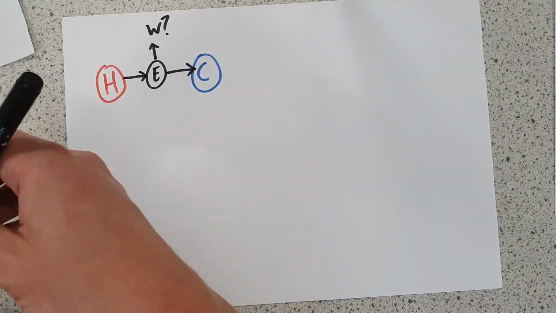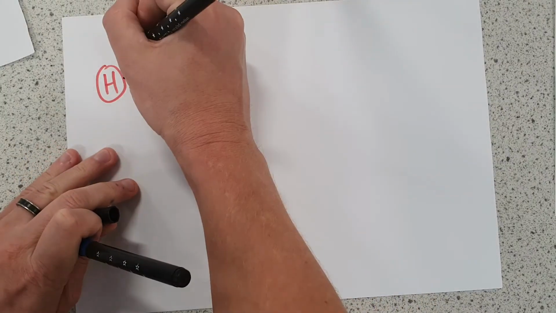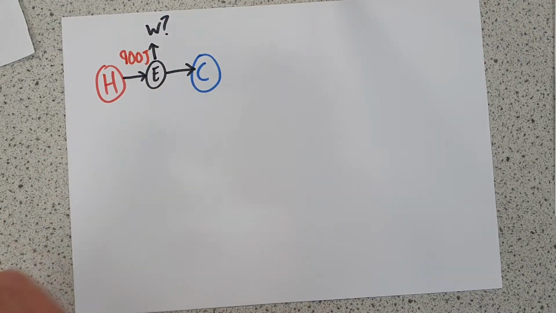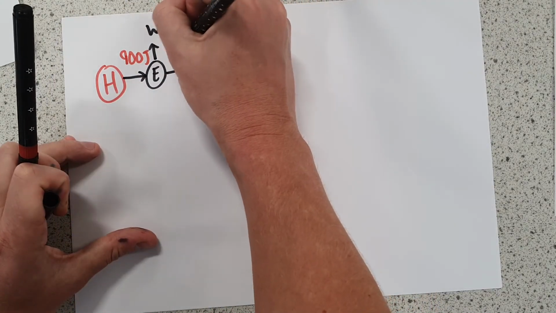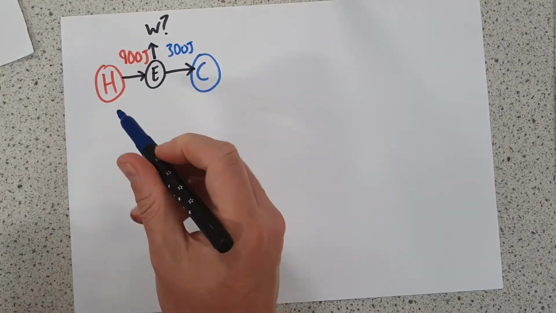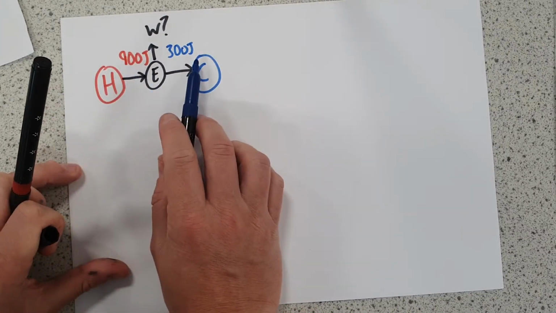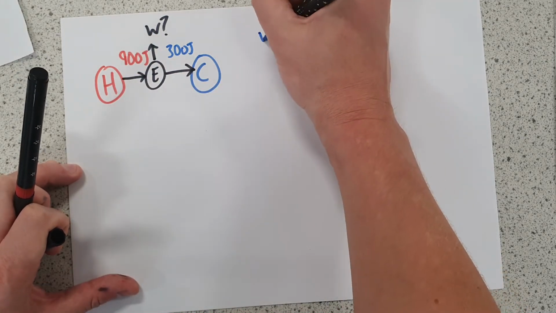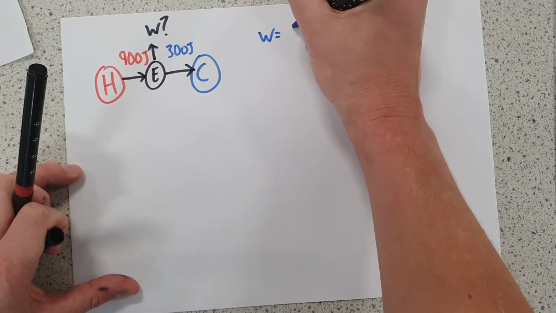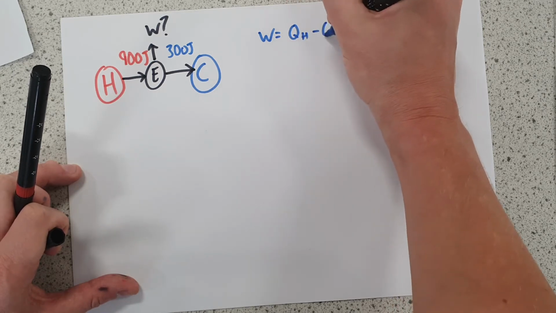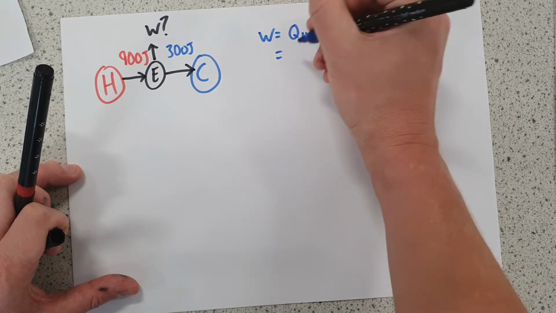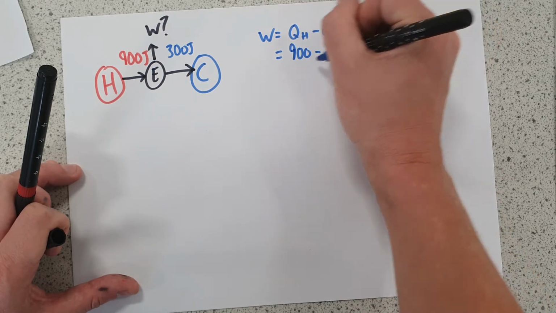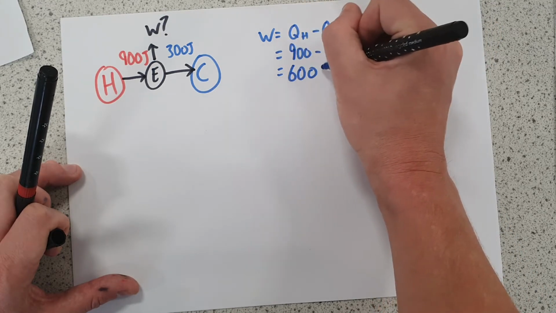Now firstly, we need to know how much energy goes in. So we're going to put 900 joules in, and coming out the other side is 300 joules. So you can see from 900 to 300 something has come out. Now the first thing we're going to calculate is work done. So work is equal to QH minus QC. This is 900 minus 300, which is 600 joules.